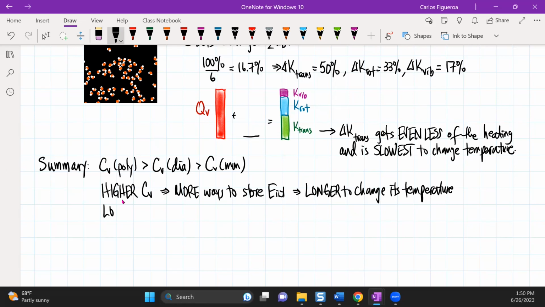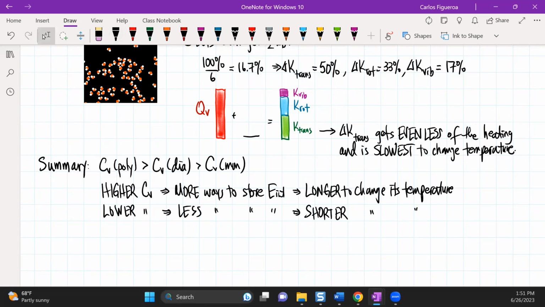And then if you have a lower CV, then of course there's less ways to do that. So most of it goes into K translational. So therefore it's shorter to change the temperature of that material.